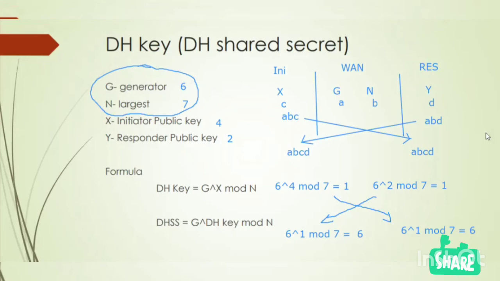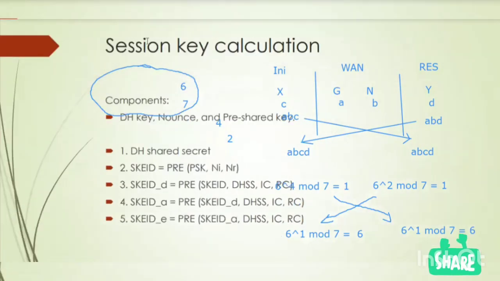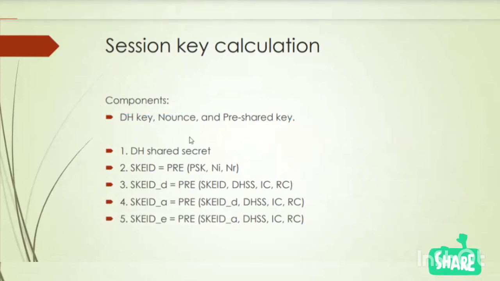Next, IP session key calculation. These are the main components we need for session key calculation: DH key, nonces, and pre-shared key. By using these things, we calculated the DH shared secret. So we have already calculated the DH shared secret by using the DH key, nonces, and pre-shared key.